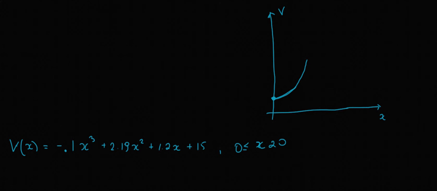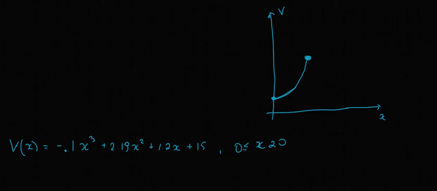And so the effect of additional dollars spent on advertising initially leads to a faster and faster increase in sales. This will continue up to a certain point, and that point is the point of diminishing returns, where the behavior of the function will change.